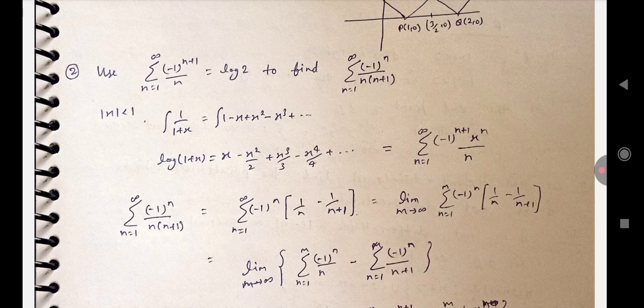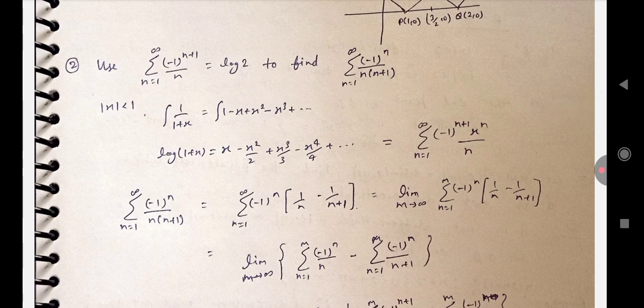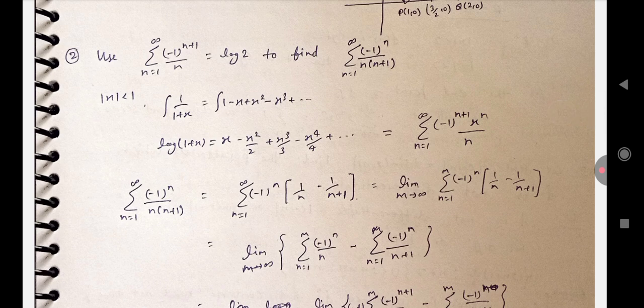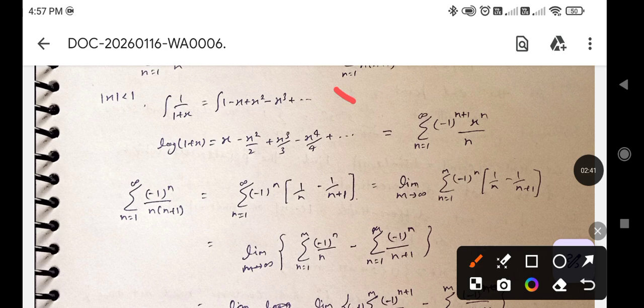If x is less than 1, then we know integration of 1 upon 1 plus x is like this: 1 plus x power minus 1. If we do expansion of this, then we get 1 minus x plus x square minus x cube, like that.